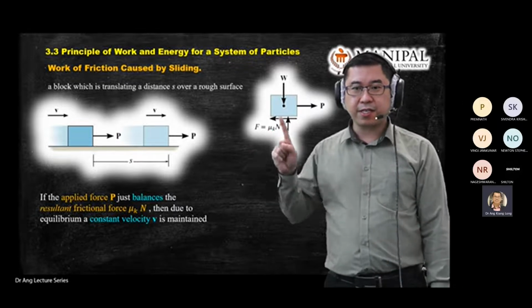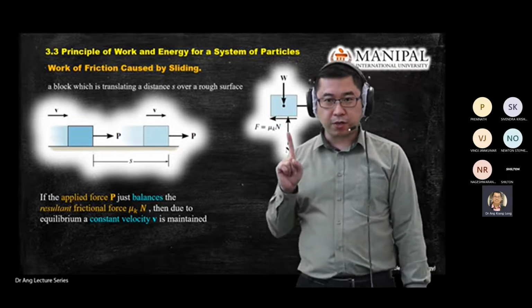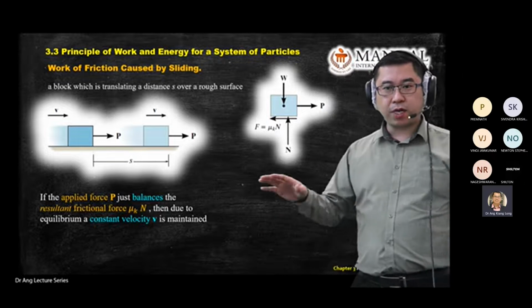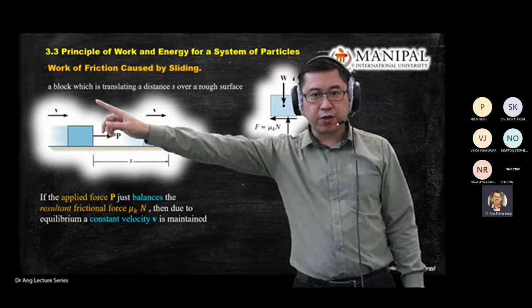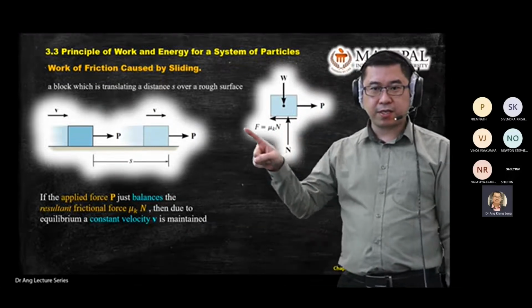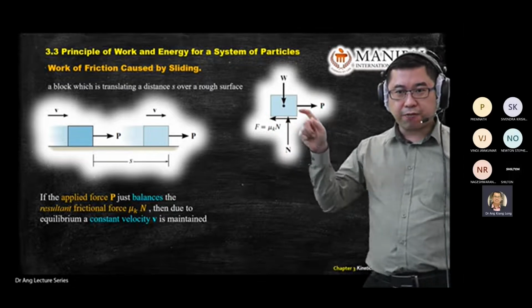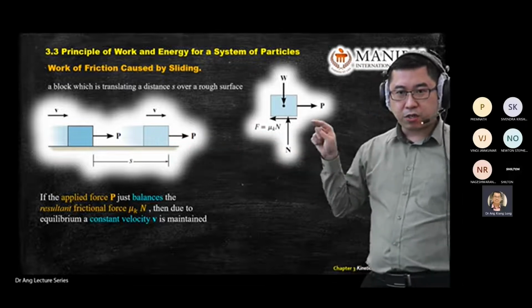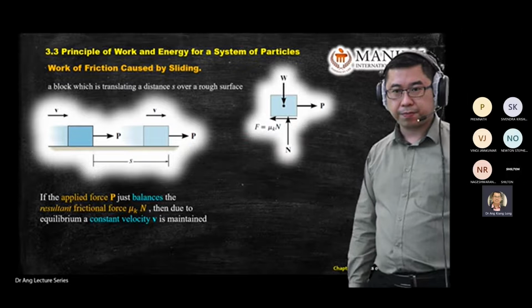We have seen this equation in chapter 2 and even chapter 1 when we considered friction force in our calculations. Now we look a little bit deeper at how friction creates work. Friction is always opposite to the motion. The object is going this way, so the force is always opposite to the motion.